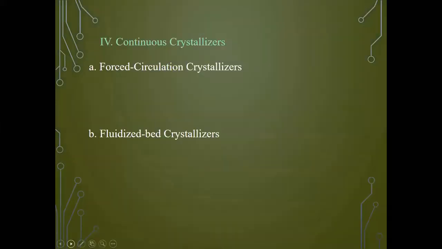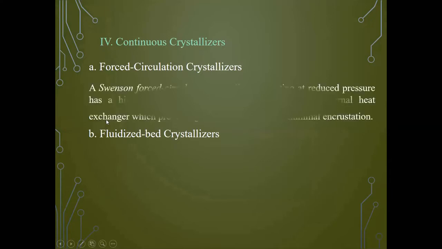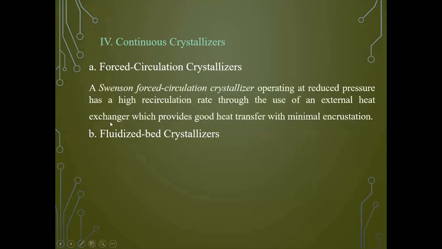Now, the last type are the continuous crystallizers, and these are usually the crystallizers that come out in the board exam, aside from the Swenson-Walker type of crystallizer, which I have discussed. Under the forced circulation crystallizer, we have the Swenson forced circulation crystallizer.